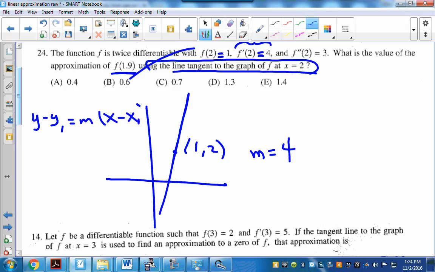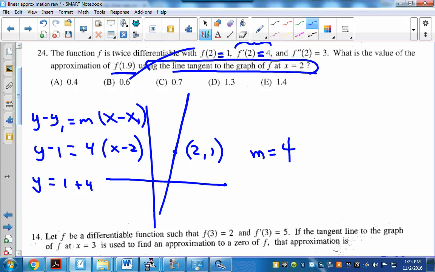That was called the point-slope form of the line, and you would have written y minus 1 is equal to 4 times x minus 2. And your teacher would say, fine, I like that. Or the teacher may say, hey, I want you to get it in slope-intercept form. You go, okay, teacher, I'll add the 1. So then you put the 1 on this side, and then you have 4 times x minus 2.